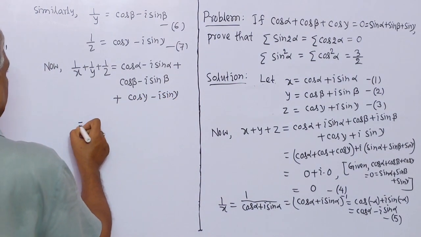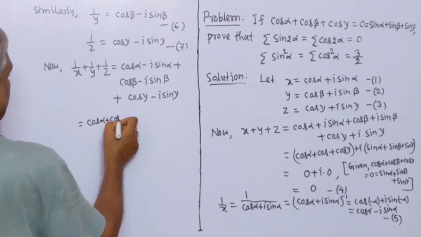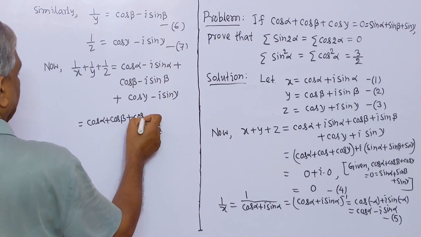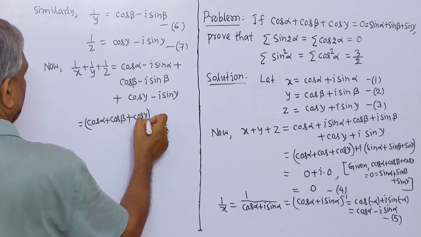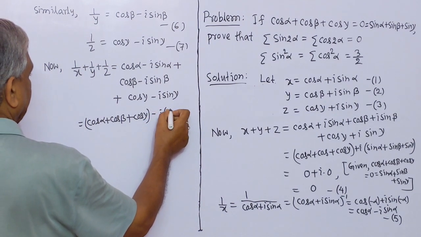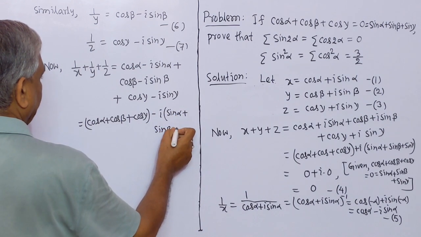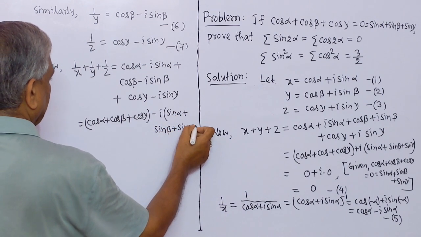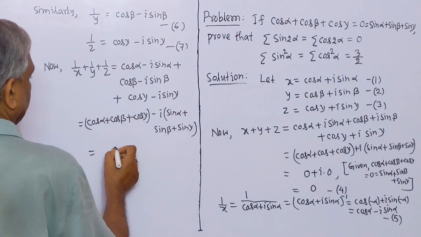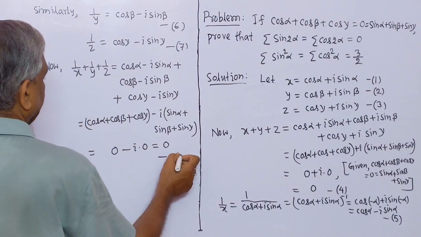We may take real parts cos alpha plus cos beta plus cos gamma, and imaginary parts is minus I times sin alpha plus sin beta plus sin gamma. This is 0 given, 0 minus I into 0. This is 0. This is number 8.